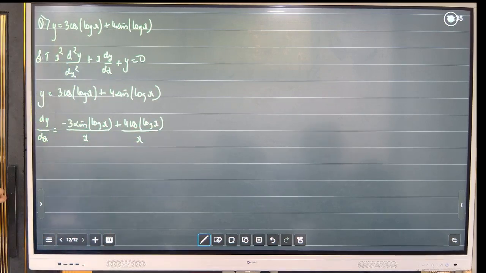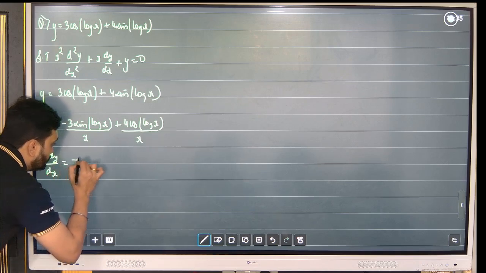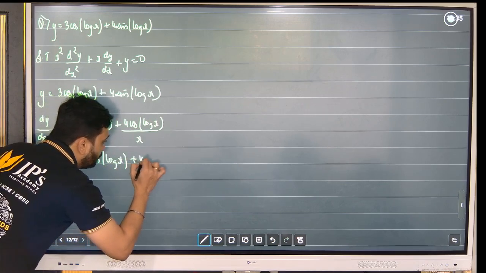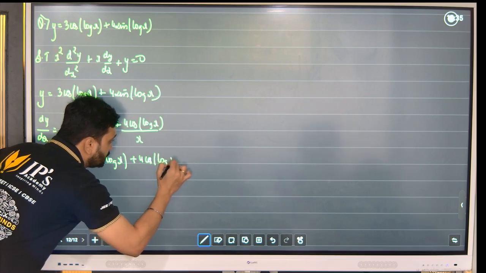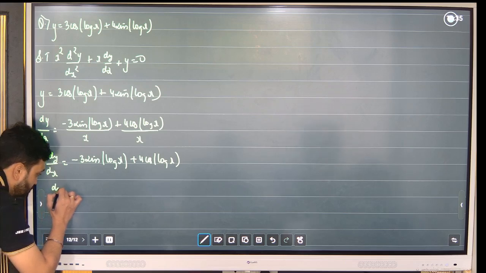Now, in double differentiation, if you have a denominator, take it on the left hand side. So this will become x dy by dx is equal to minus 3 sin log x plus 4 cos log x. Now I'll differentiate again.